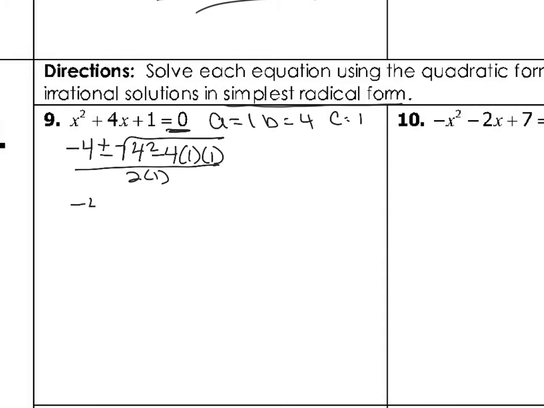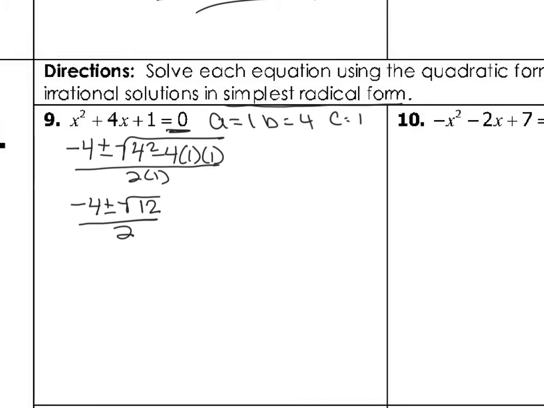So it's going to be negative 4 plus or minus square root of 16 minus 4, which is 12, over 2. All right, well, square root 12 is not going to give you a nice little whole number, is it? It's not going to end up being a decimal.